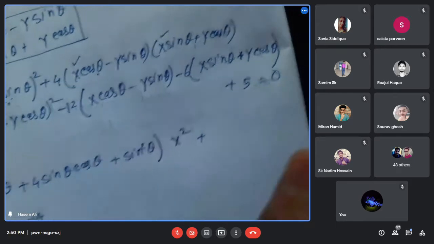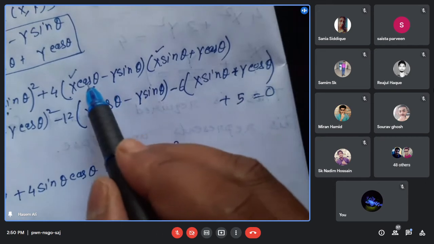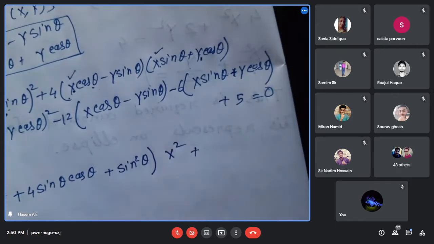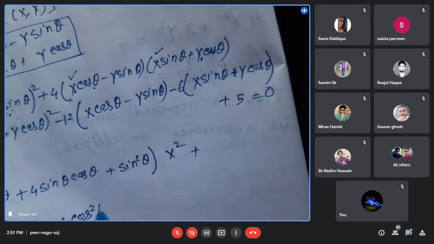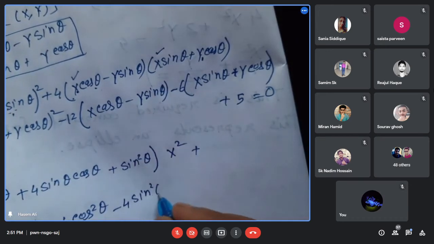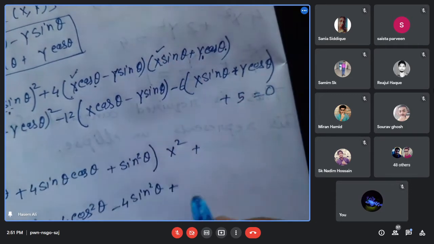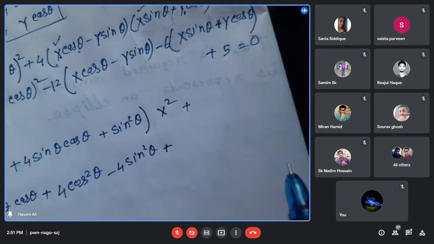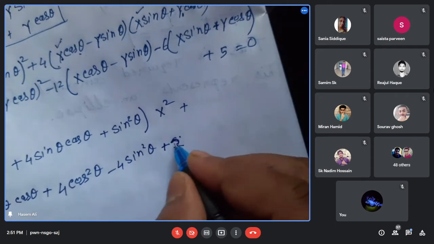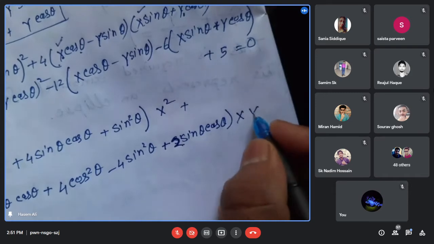From the second term, xy, here is x and here is y, that means 4 cos square theta, and here minus 4 sin square theta. Here xy and also here y and x, so minus 4 sin square theta. And here xy means 2 sin theta cos theta into xy.